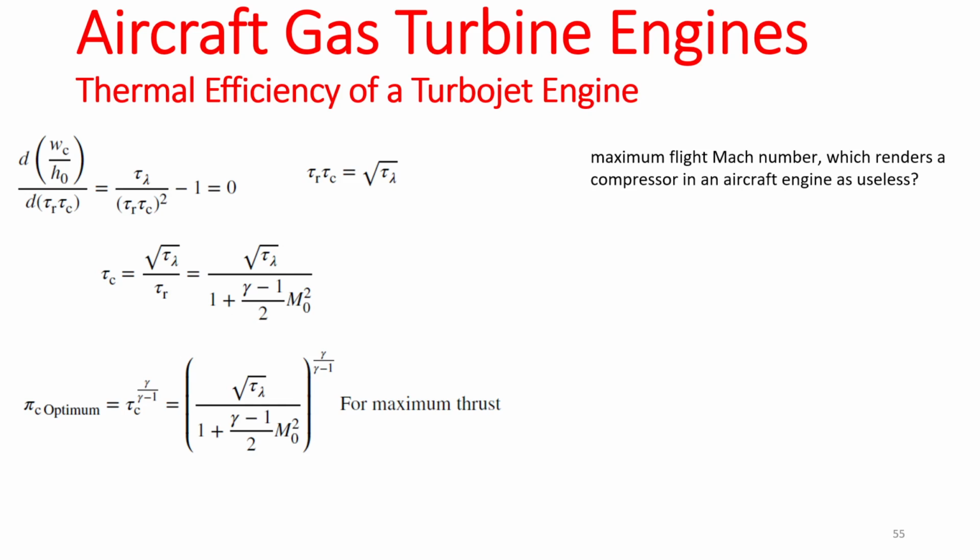No, it is very close to Mach 3 as we had it on the slide, but how do you define an efficiency of 0? That's my question. So what should happen to a compressor that makes it useless?